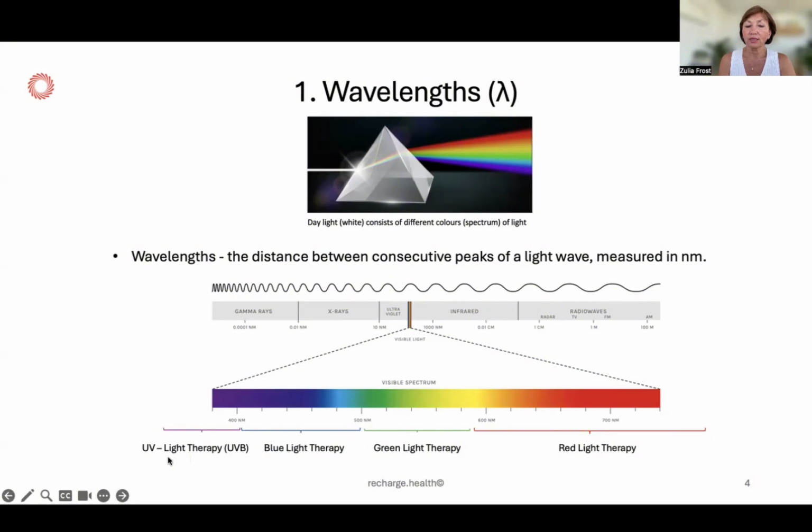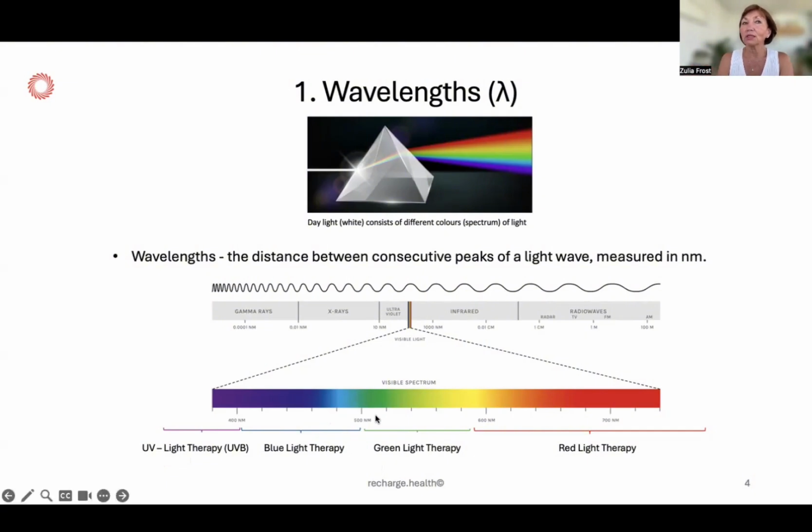This is called light therapy. Then there is a spectrum of blue light therapy. Blue light therapy would be used typically for acne because it's got a bactericidal effect.